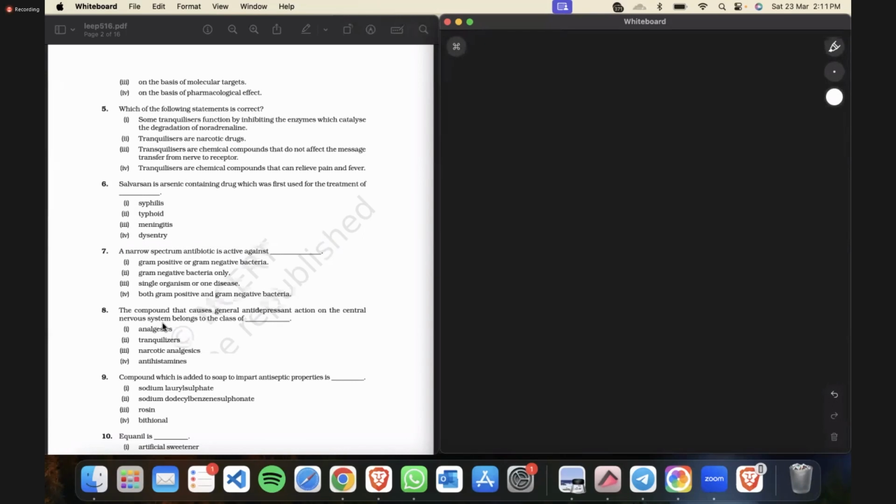Tranquilizers are chemical compounds that can relieve pain and fever. So tranquilizers are neurologically active drugs.